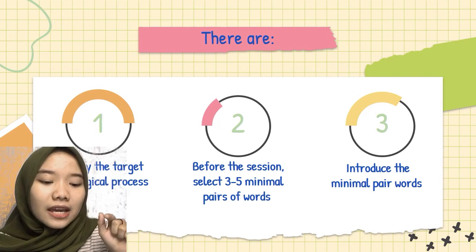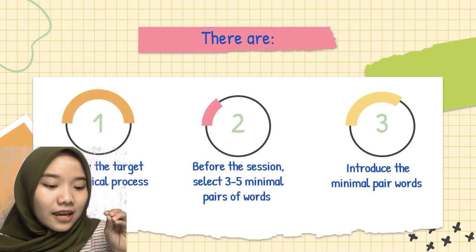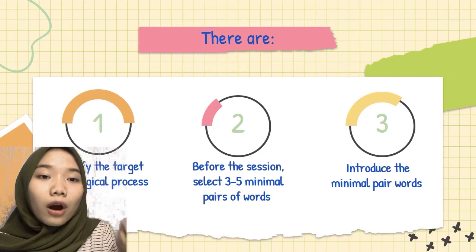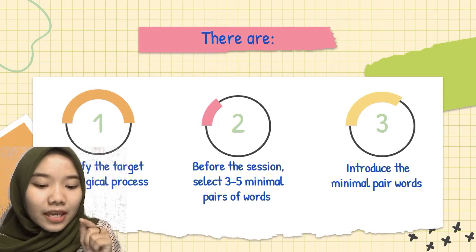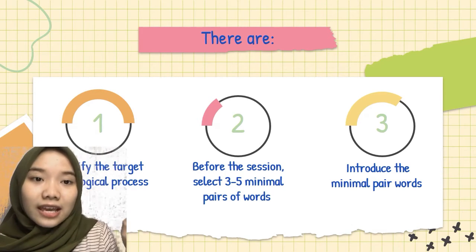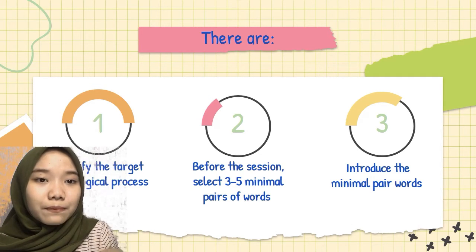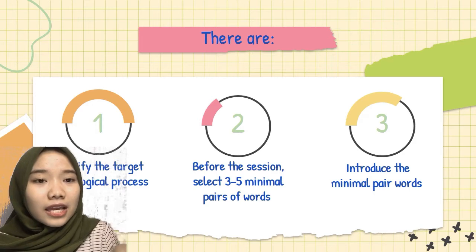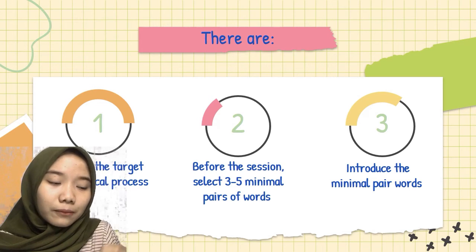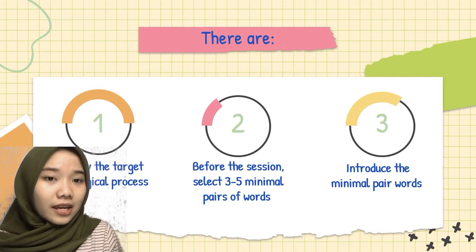He says pig instead of big. In this case, we want Ben to say b. We call this the target. Okay, you understand? Ben's target is because he confuses two different sounds between pig and big.